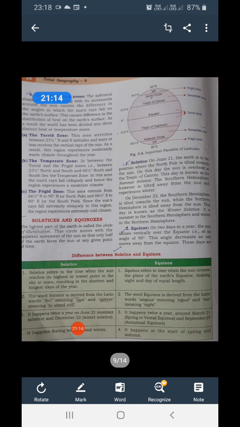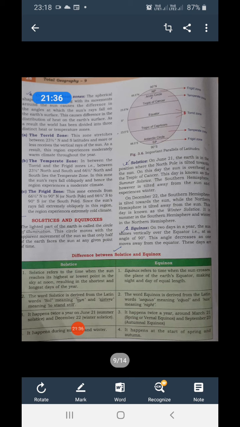What is solstice? Solstice is derived from a Latin word which means the standing still of the sun. It doesn't mean the sun is still, but when the earth is moving around the sun, it comes in such a position that either the northern hemisphere or the southern hemisphere faces the sun.